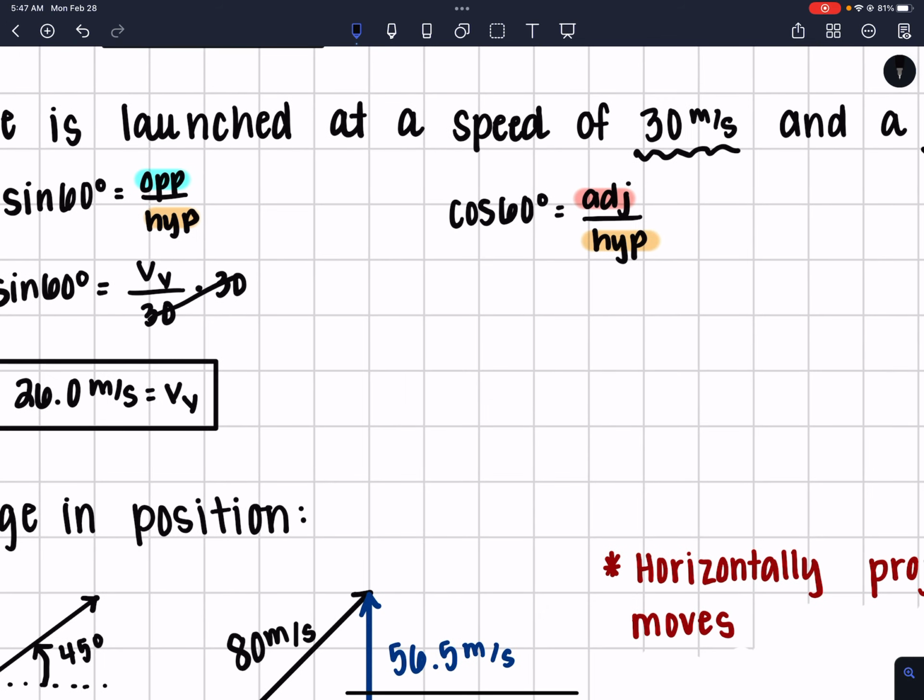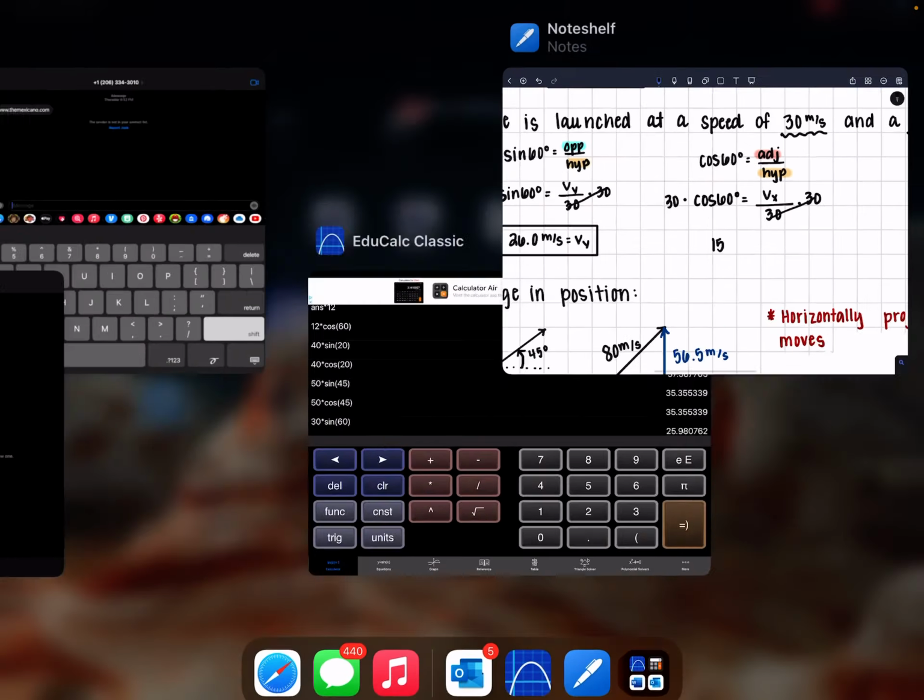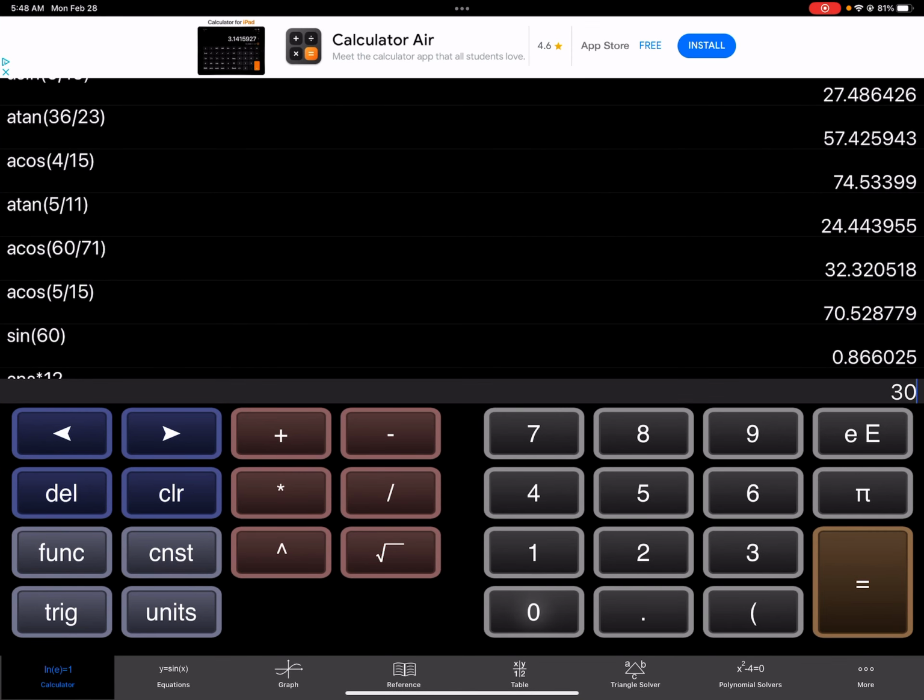So I'm going to plug into this function Vx for my adjacent side and 30 for my hypotenuse. And then I'll just multiply by 30 on both sides to get Vx by itself. And I'm going to make a prediction. I think that 30 times the cosine of 60 is going to get me 15. But that's just my guess, if I'm remembering trigonometry well. Wait, did I do that right?